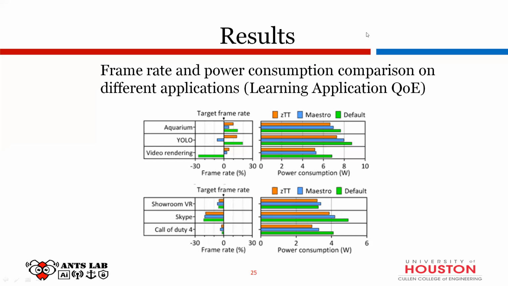So to answer those questions, I mentioned the limitations of DVFS and Maestro: the first is about the power consumption, and the second is about the thermal throttling issue in many cases.